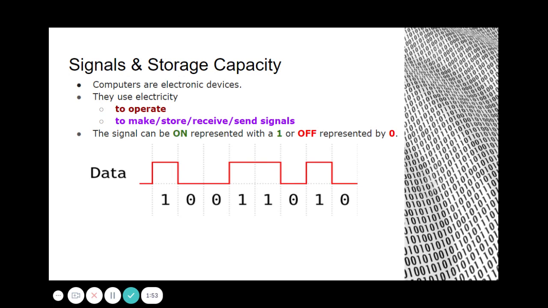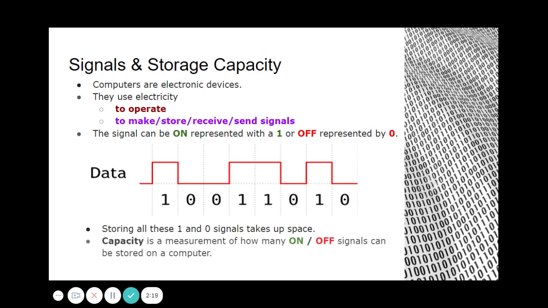On the right there, you see all those on and off signals. That's a representation of a ton of data. If you've got all those signals, they're going to take up space because they're likely going to be stored or used at some point. So you need to hold them and put them somewhere. We're not going to get into how or where they're being stored. Let's just think about the problem that these things have to be stored and they're going to take up space. The fancy word we use for that space is capacity.